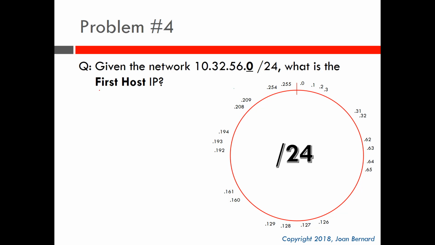So the first host IP is going to be one more than the network. I can't use 0, that's the network, but I could start with .1. That's what we call the first host IP. So the answer to this question is 10.32.56.1, the first host IP.